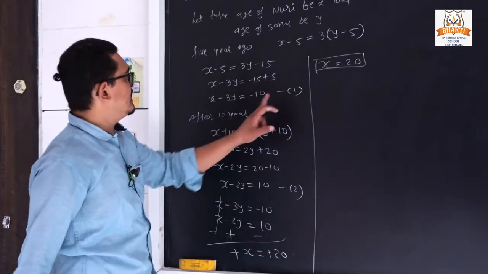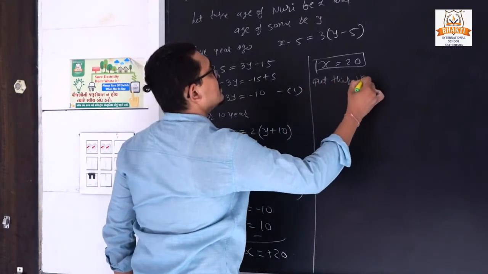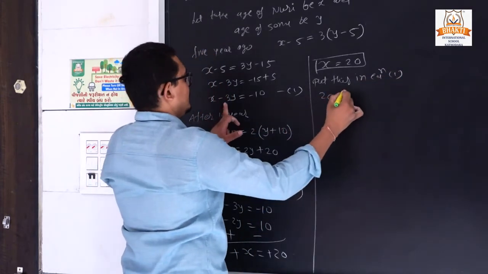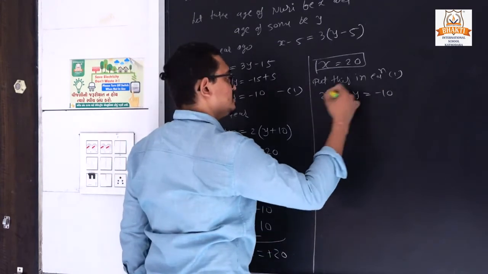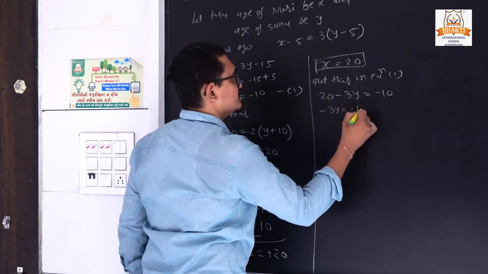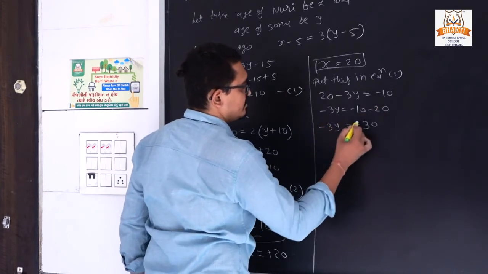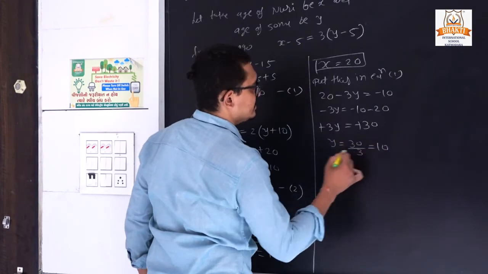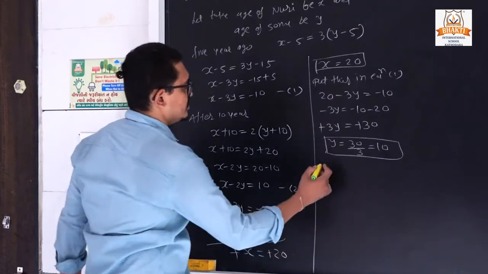Now put this in any one equation, so put this in equation number first, so 20 minus 3y is equal to minus 10, so this is going to the second side, so it becomes minus, so minus 30, minus minus plus, so y is equal to 30 divided by 3, so it is 10. So it means what?